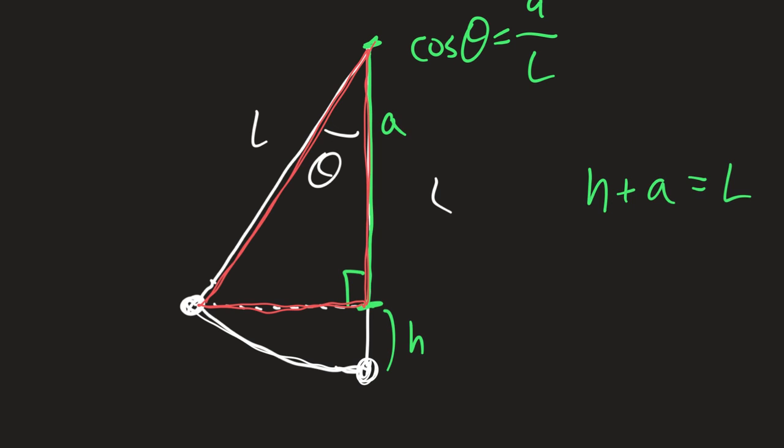And then I said that the cosine of that angle should be A over L. Is that okay? All right. But all of this whole string from here all the way here is still just L. So how much higher it is has got to be related to this value for A. Would you agree? So H plus A is equal to the whole length of the string L. Is that okay?